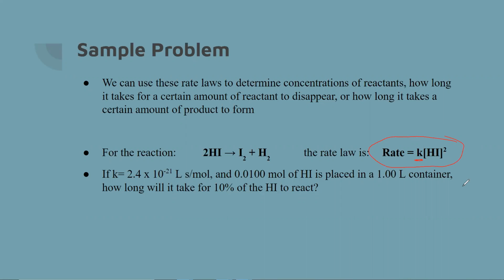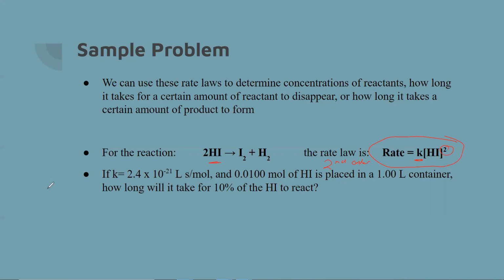And we know that we can tell what order the reaction is by adding together all of the orders of the individual reactants. In this case, there's only one reactant, and that happens to be second order. So 2 plus nothing else is still 2. So overall, this reaction is going to be second order.